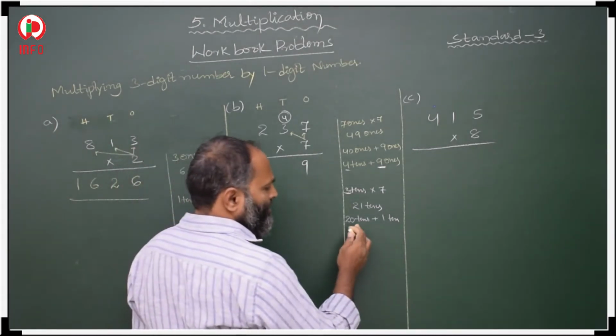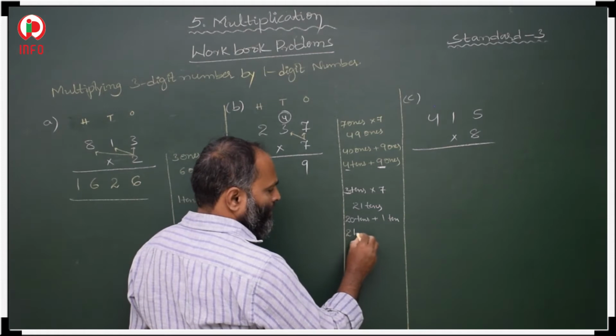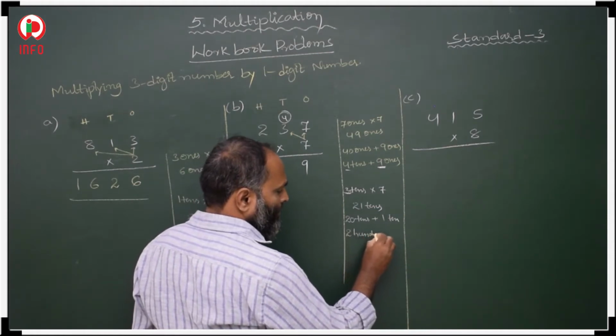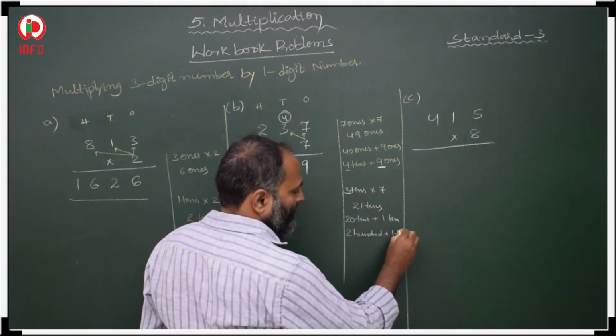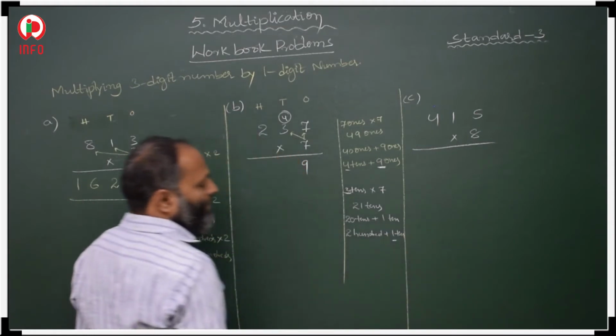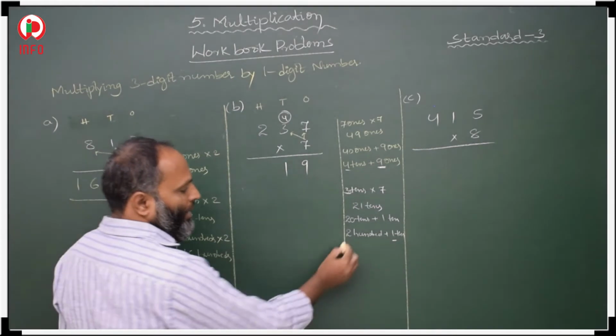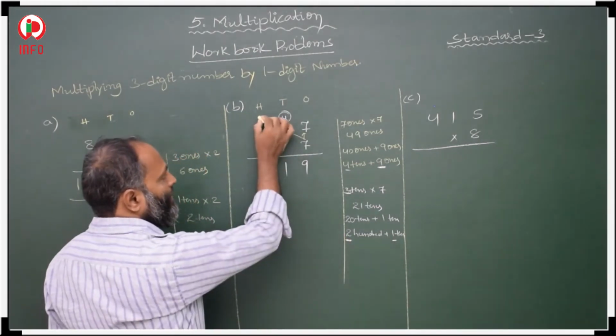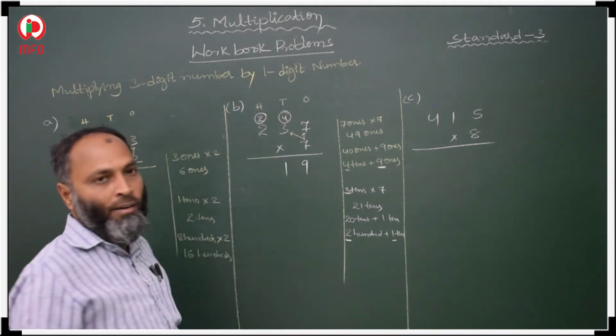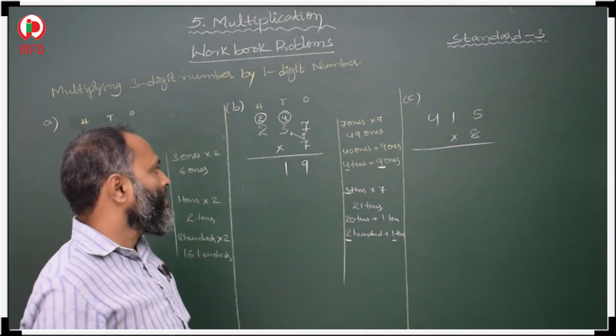So 20 tens means 200. 200 plus 1 ten. How many tens are there? 1. In tens place 1. Then how many hundreds are there? 2 hundreds. That 2 in hundreds place, carry over here in hundreds place.